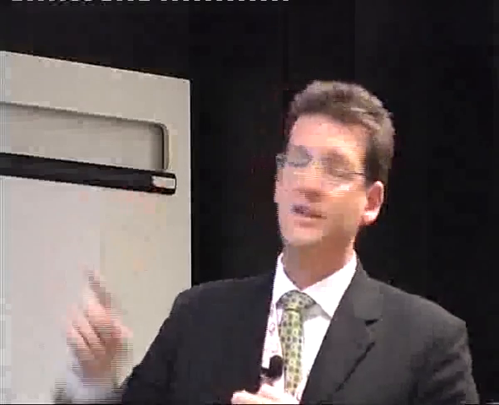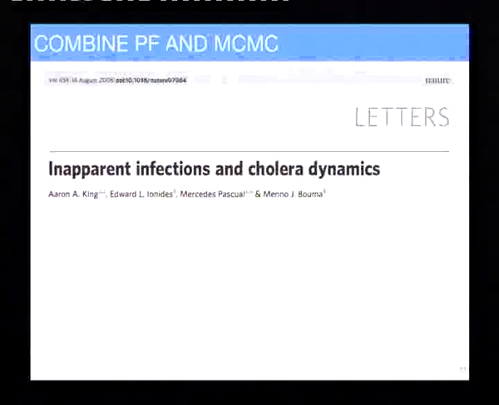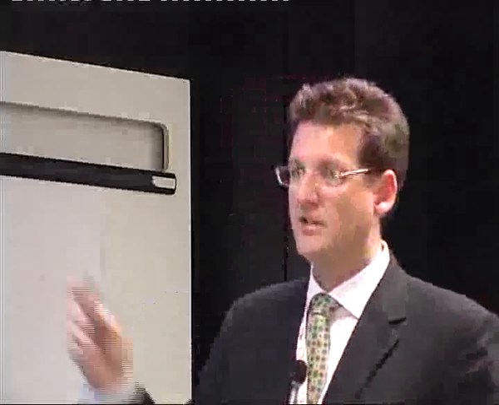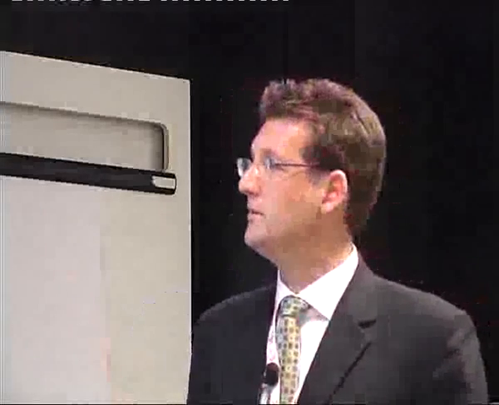Here's a paper from Nature which discusses data that was generated via not exactly the algorithm I showed you, but one that's very, very closely related. And finally, here's a paper that comes from the Notices of the Royal Astronomical Society that is trying to fit models in the area of cosmology using a very closely related variant of the algorithm that I just proposed.